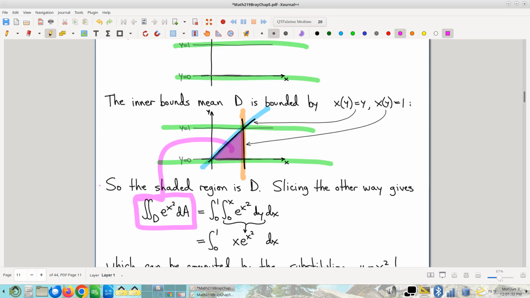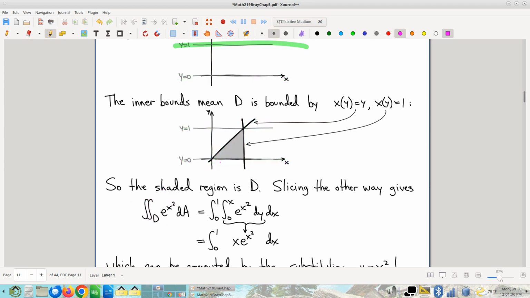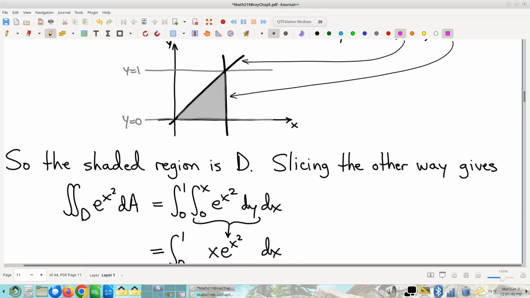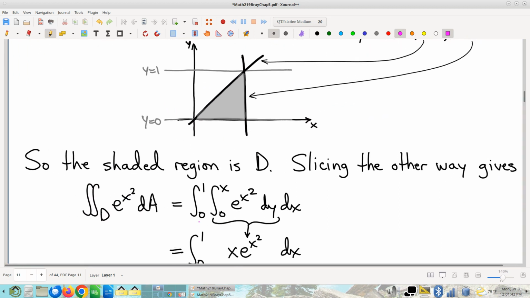Okay. All right. So now, phooey on that original iterated integral, we've got the original double integral. And now let's slice it in the other order. x pretty clearly goes from 0 to 1.